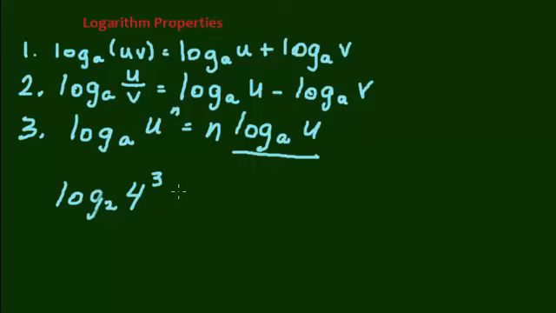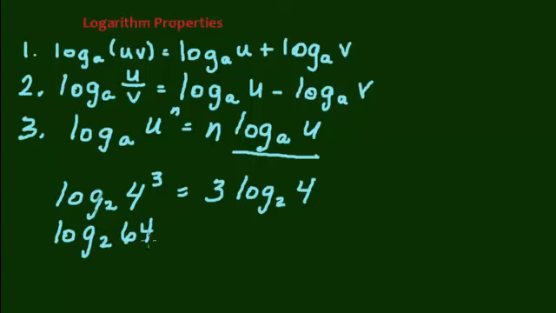Okay, I fixed that. So we're going to say 4 to the third. All right, our log property says that this should equal 3 times log base 2 of 4. Well, let's look at this little deal right here. 4 to the third is actually 64. And log base 2 of 64, I believe that would end up being 6, because 2 to the 6th power.